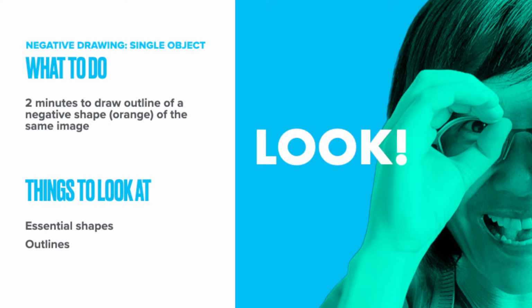Still the same essential shapes and outlines, that's all I want you to capture. I did this last semester with my students, and some students had a harder time drawing this way because they're not used to doing it. So I'm going to give you 2 minutes on this one, although it's the same shape.